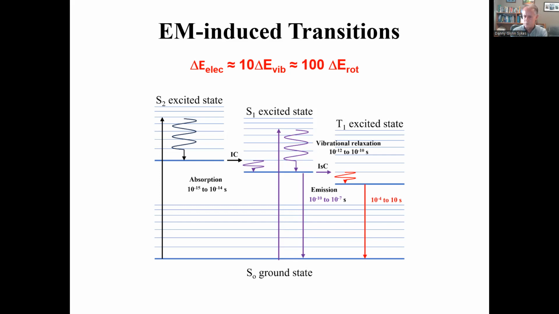There are certain conditions where something else might happen, such as fluorescence and phosphorescence. Again, we can get promotion of an electron to the S1 excited state, a highly vibrational state within that, where we get vibrational relaxation down to the ground vibrational state.